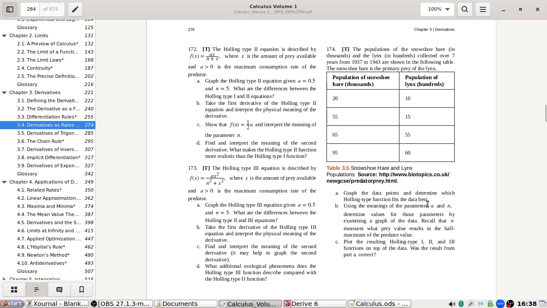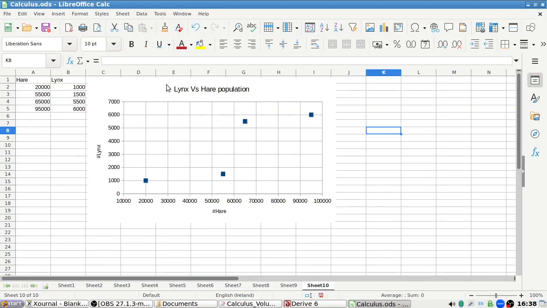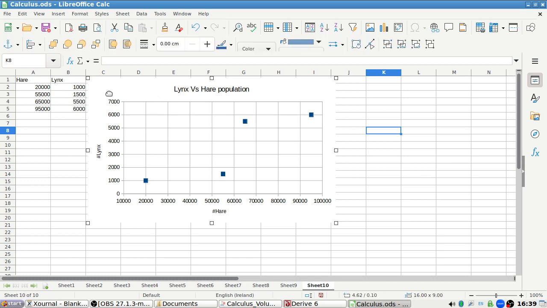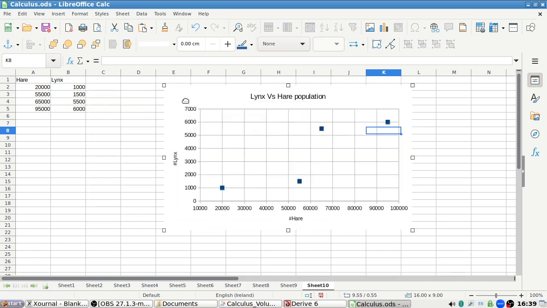Use the meaning of the parameters a and n, determine values for those parameters by examining a graph of data. Recall that n measures what prey values result in half the maximum predators. So how many prey until you get half the maximum predators? So 3,000. So we're going to have to be doing a bit of estimating here.